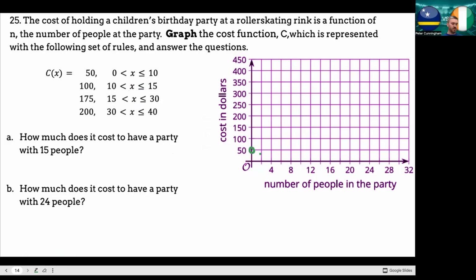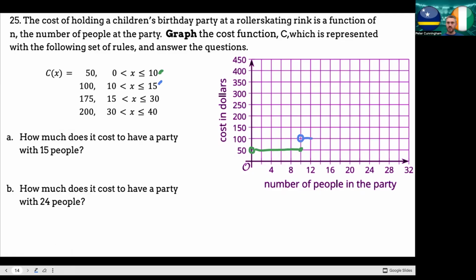So open circle all the way till you get to 10, and it should close there. Okay, blue, for as soon as that 11th person shows up, so more than 10 people, we're going to be paying $100.